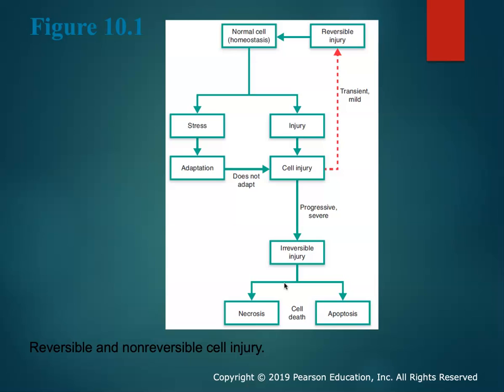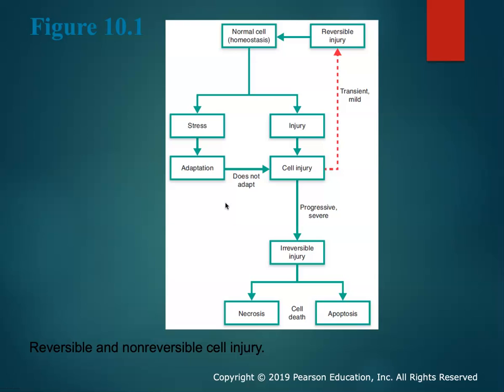Different organs and different tissues can tolerate different levels of cell death, but bottom line is, if too many cells are dying, obviously it will lead to organ failure and then potentially death.